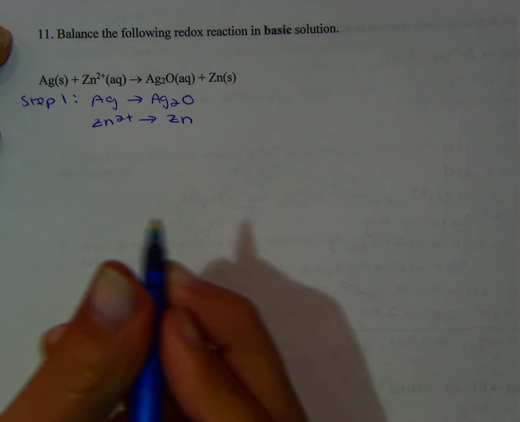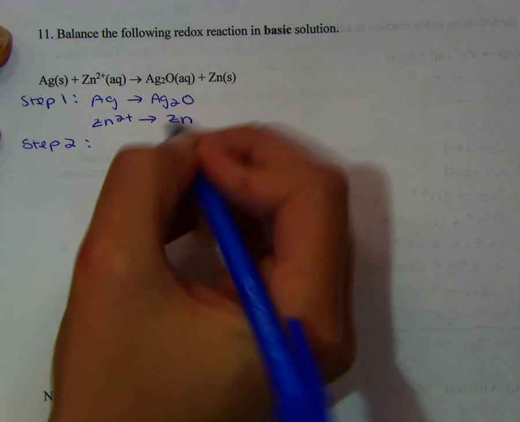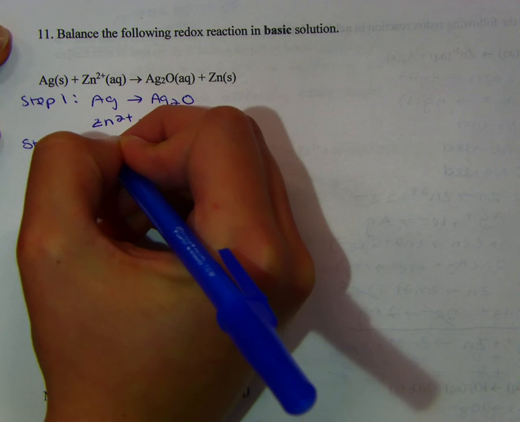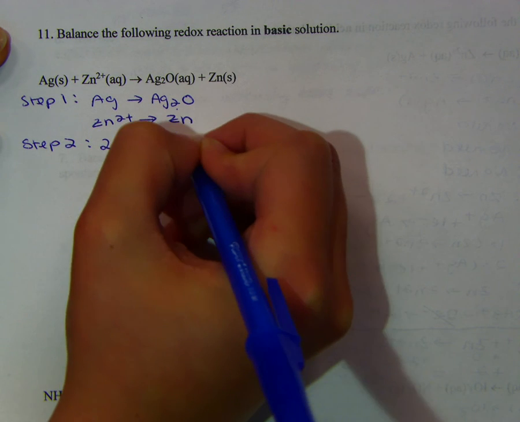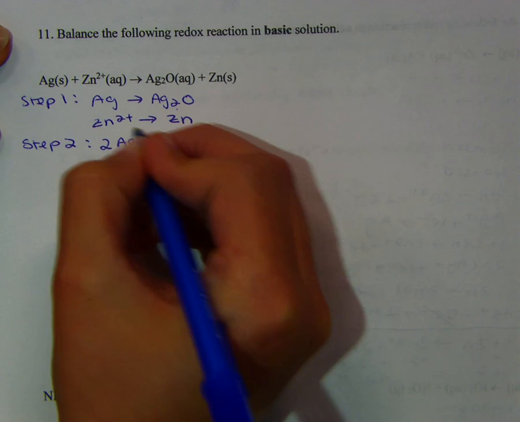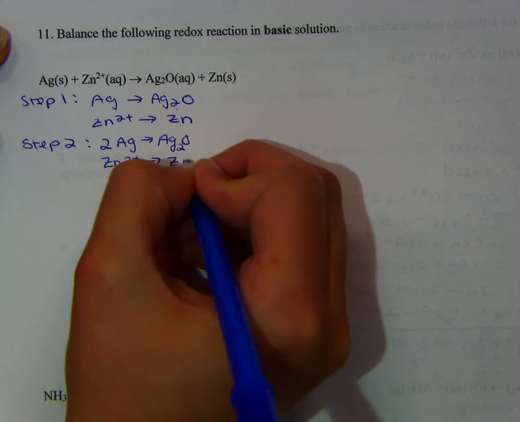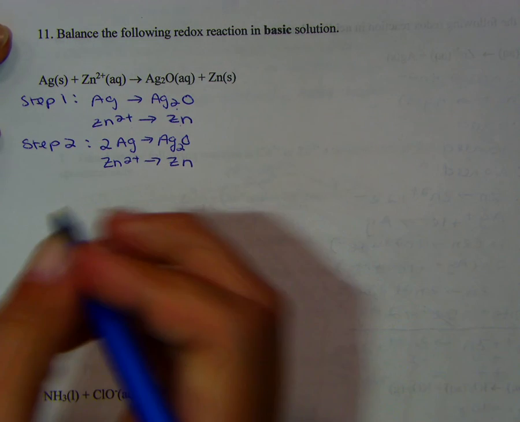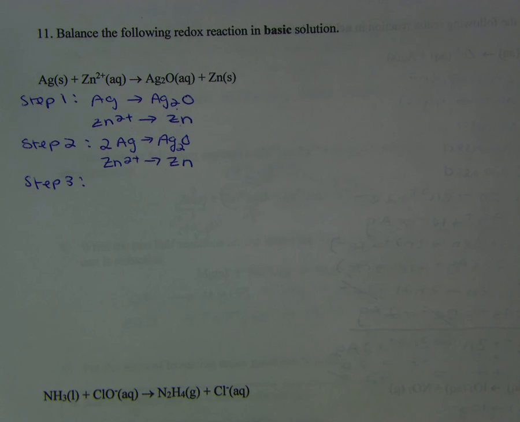And then my step 2 is still the same, in that I say, okay, I have 2 silver, so I need to multiply this side by 2 to then get my Ag2O. And then my zincs are balanced, so they're okay. And then my third step is still the same. I need to add waters to make sure that everything balances out okay, so that's all fine.